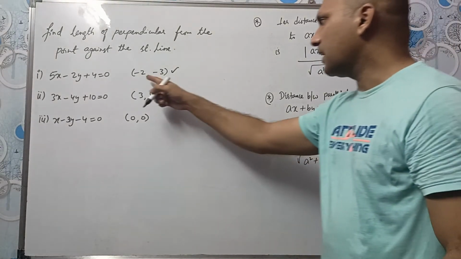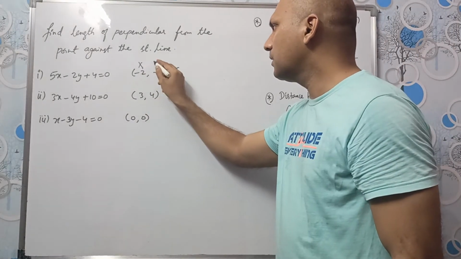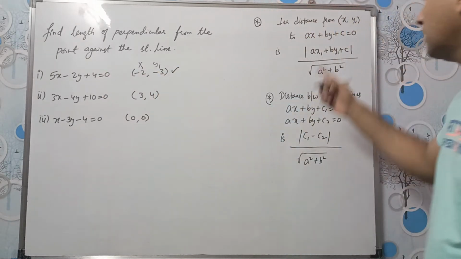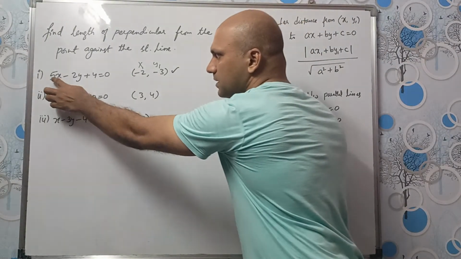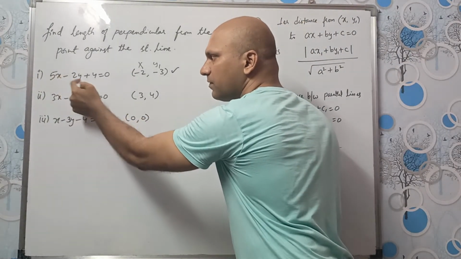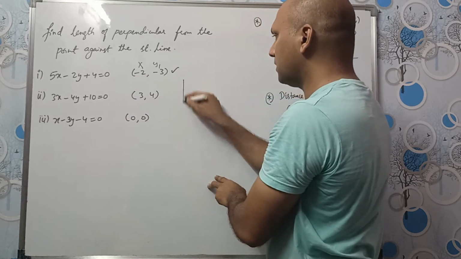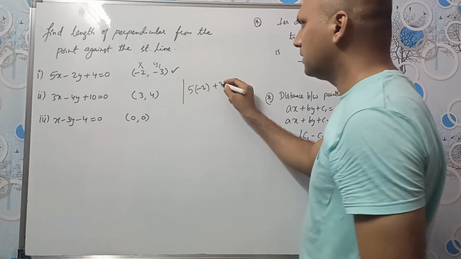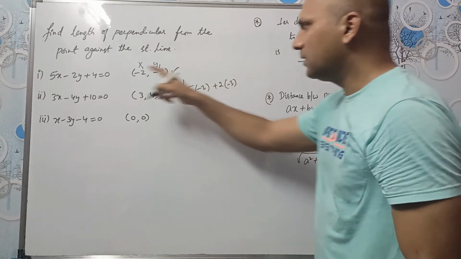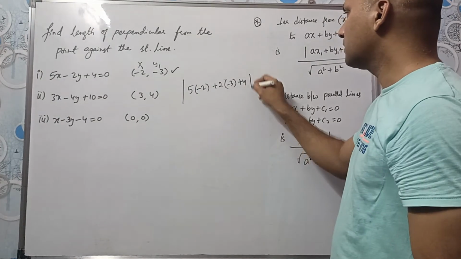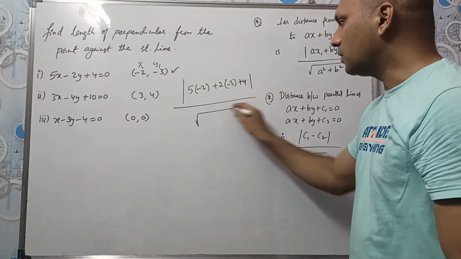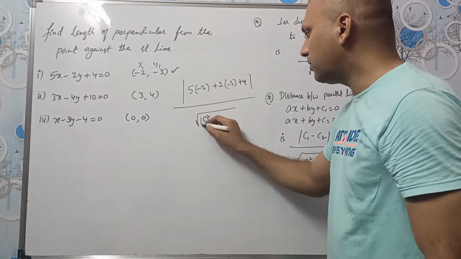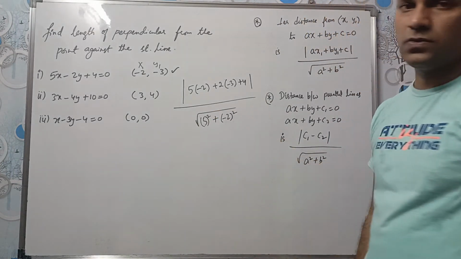So here x1, y1 is minus 2, minus 3 respectively. We need to substitute it there. In place of x and y, we need to substitute these values, that's all. So 5 into minus 2 plus 2 into minus 3 plus 4 divided by root of 5 square plus minus 2 square.